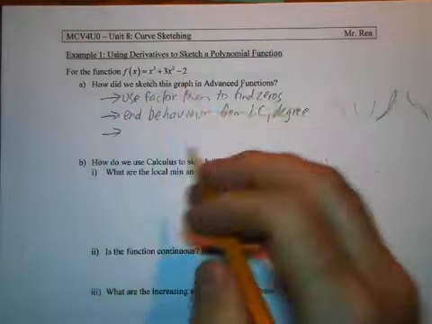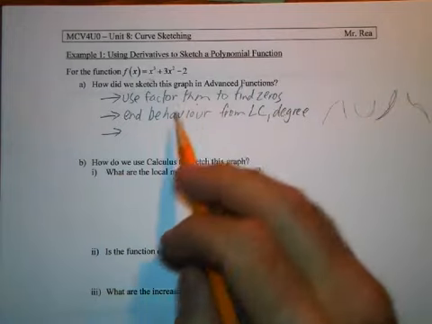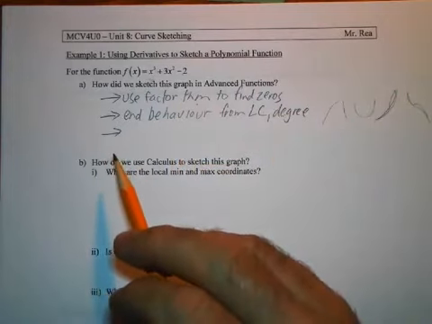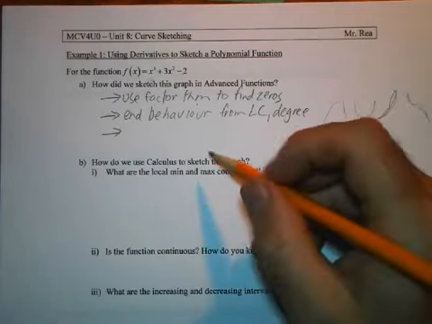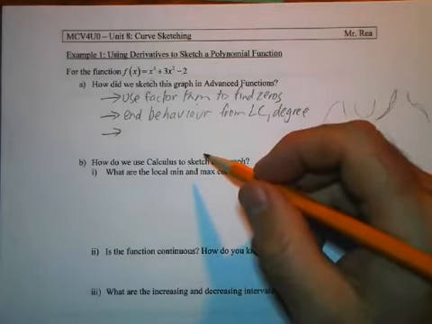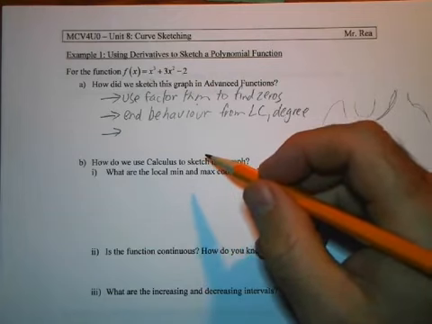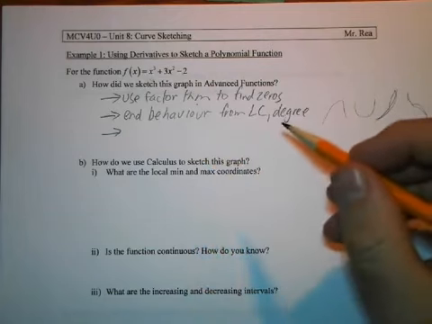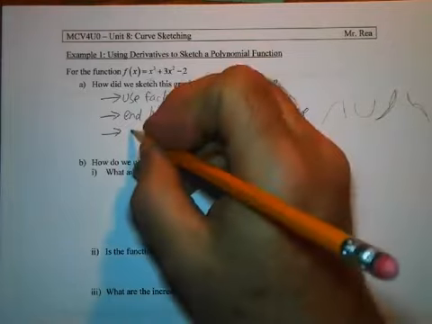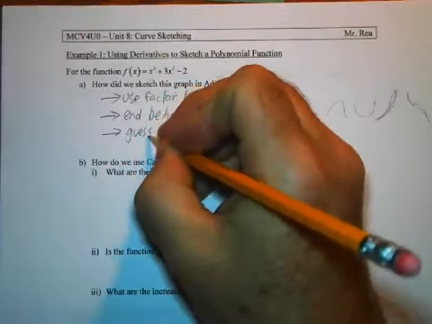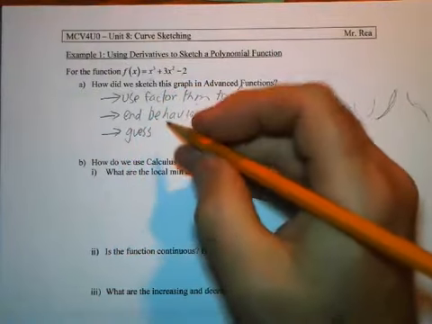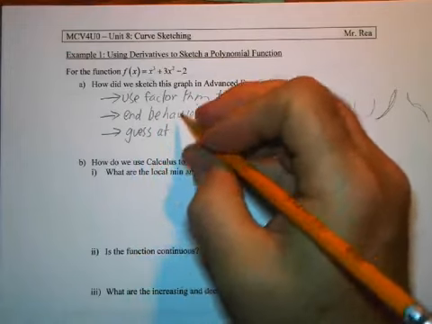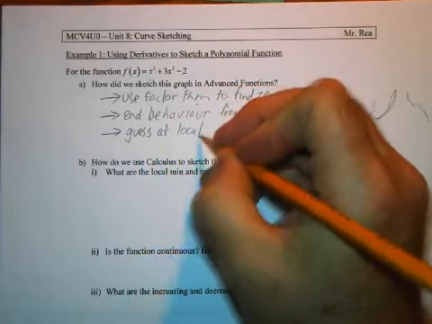And then at the end, once we've kind of got the shape, we get a vague idea of what's going on. We get the zeros, it goes up and then it comes back down through this zero, or it bounces at this zero. But in terms of the local min or max, it's all guesswork, really. Well, not totally guesswork.